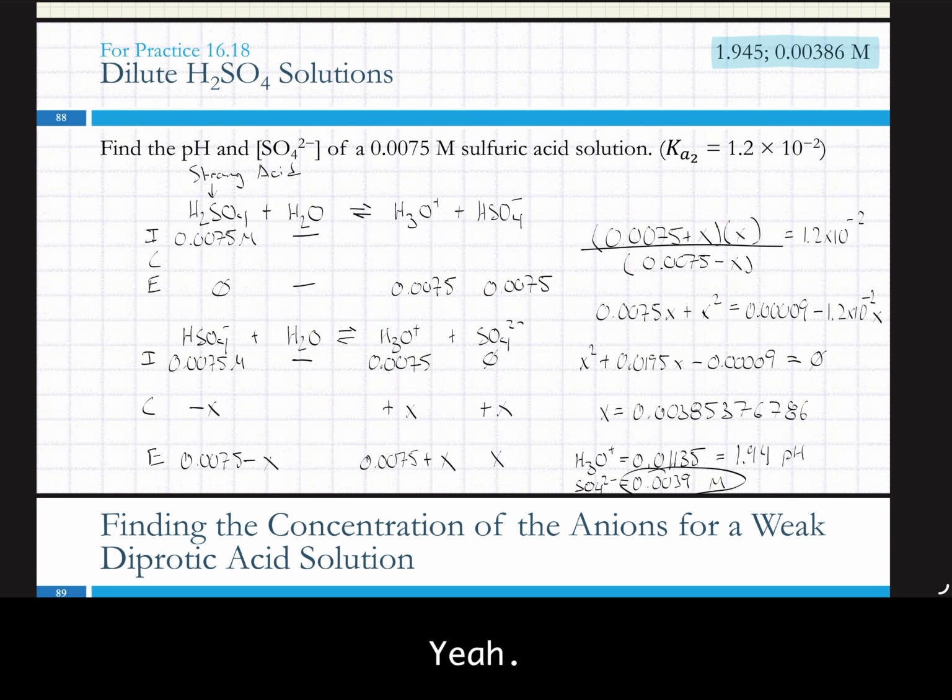Did that work? Okay, 3.3. Logs are weird.